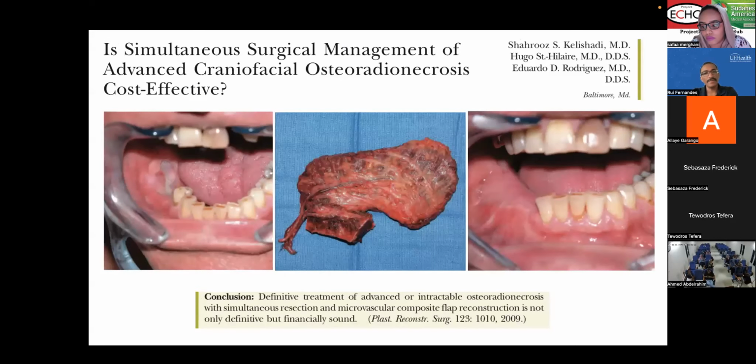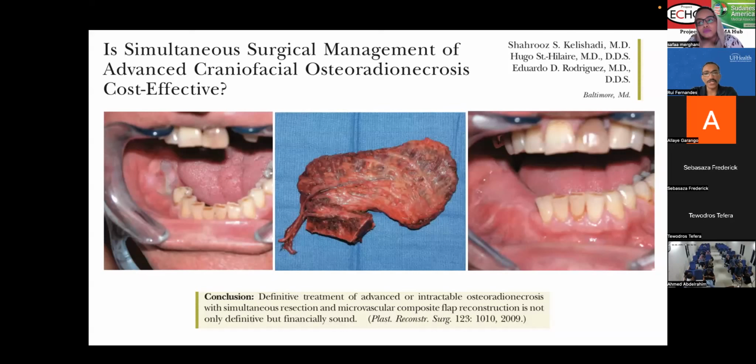This is from Ed Rodriguez's group when he was in Baltimore, and the conclusion, at least from his paper and their experience in Baltimore, is that when you compare the patients that had a free tissue transfer versus the ones that had multiple little interventions, it was more cost effective to go for free tissue transfer from the outset as opposed to having these multiple interventions and then finally going on to the free tissue transfer.